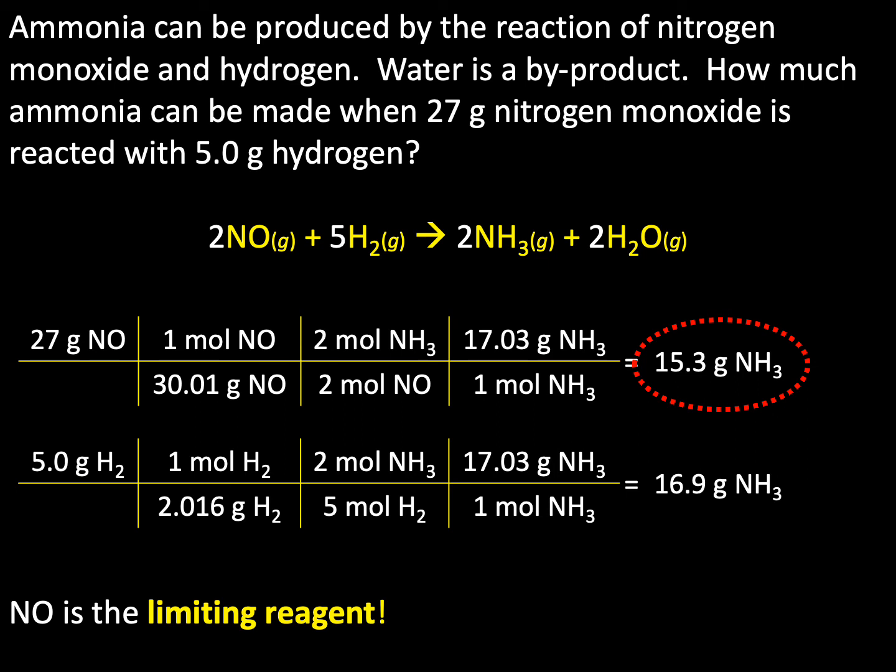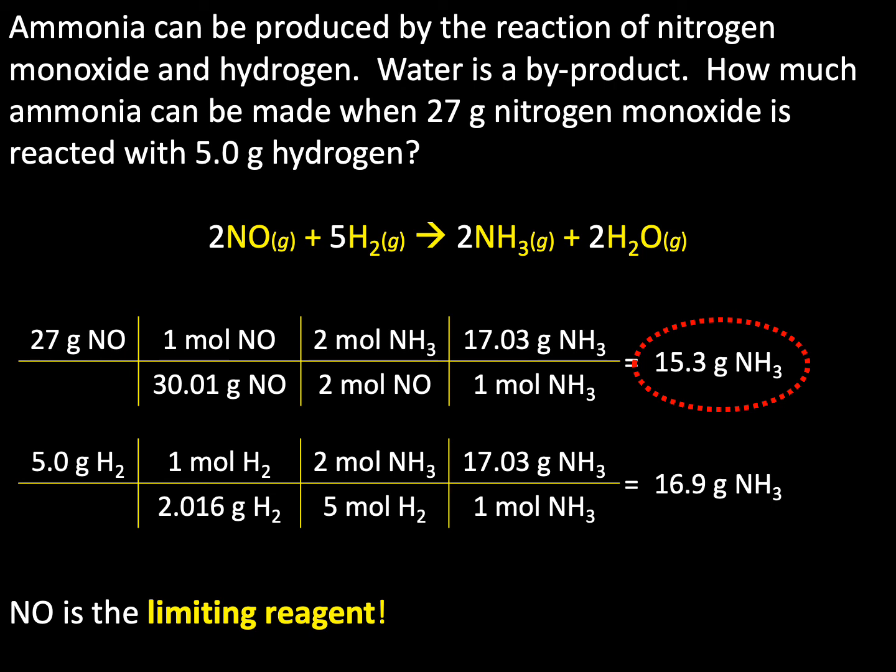We've run out of the other ingredient. It's like you're making chocolate chip cookies, and it doesn't matter if you've got a garage full of chocolate chips if you've run out of the other ingredients. NO was limiting in this case. So the thing to keep in mind here is you have to do both of these calculations to figure out the final answer. It's not enough just to look at how much starting material you've got here.